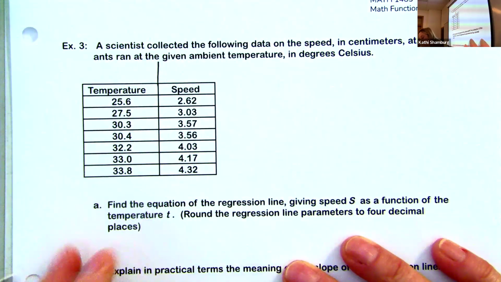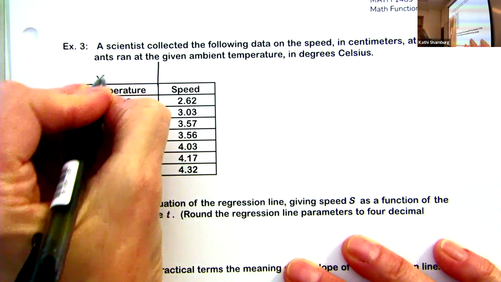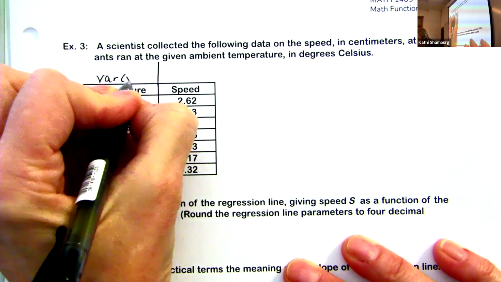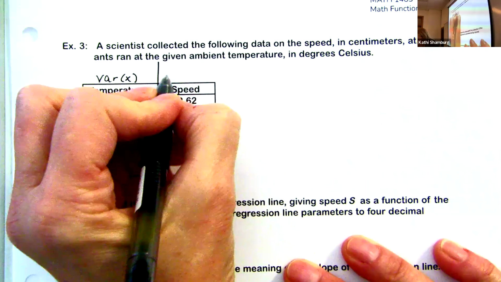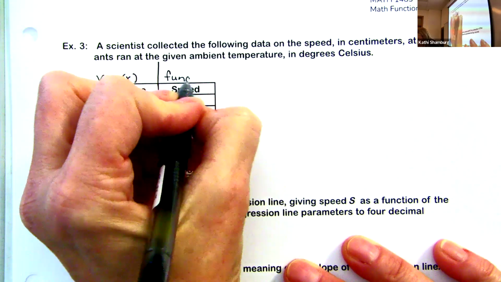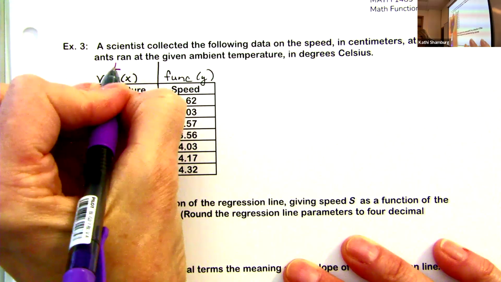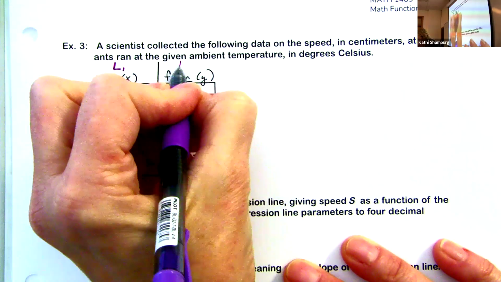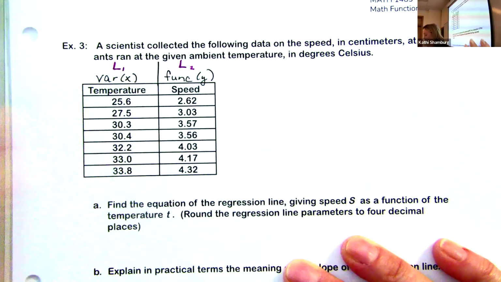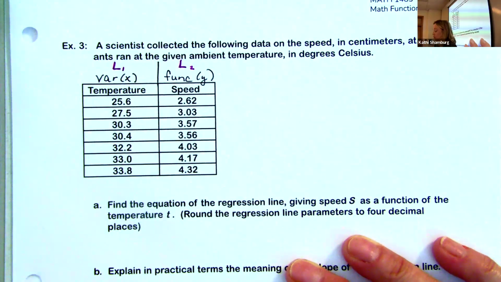So we know the first one is always our variable. So in our calculator, that is the x. The second one is our function. So in the calculator, that is y. And we know the variable will go as list 1, the function as list 2.